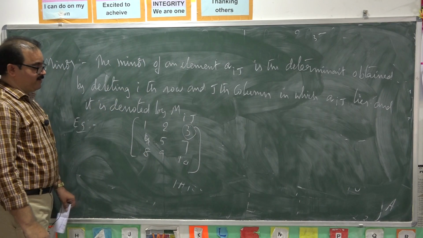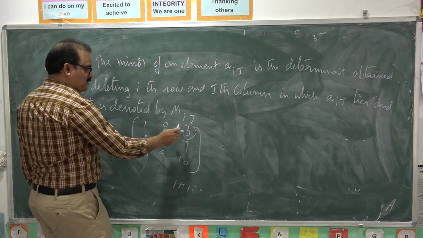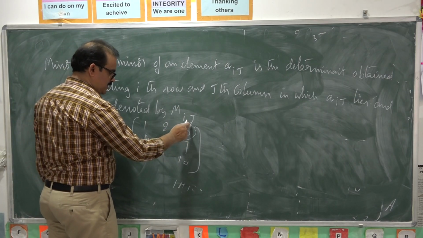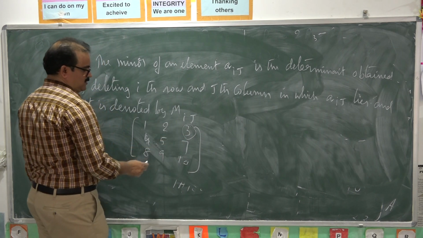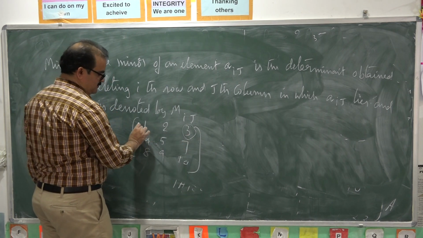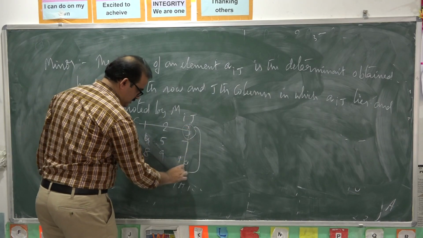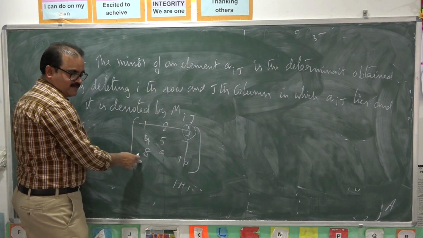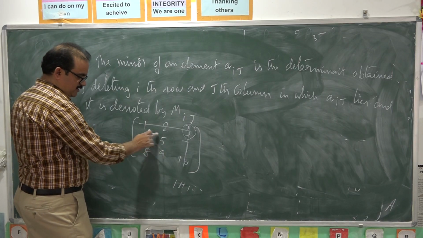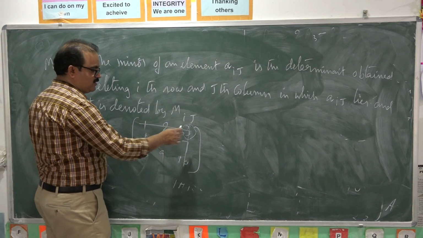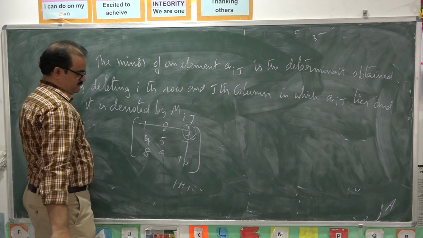This element 3 lies in the first row and third column. To find the minor of this element 3, you delete the first row and third column. Now a 2 by 2 matrix is obtained. Now find the determinant of this 2 by 2 matrix. That determinant value is called the minor of this element 3.